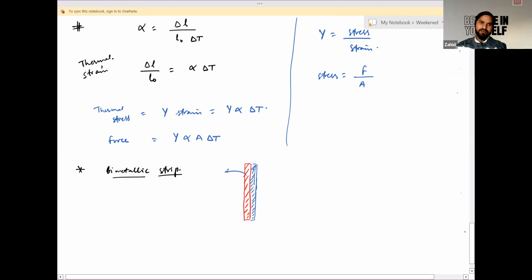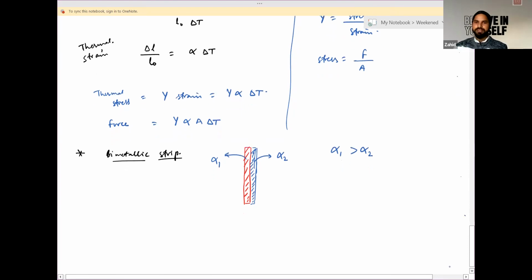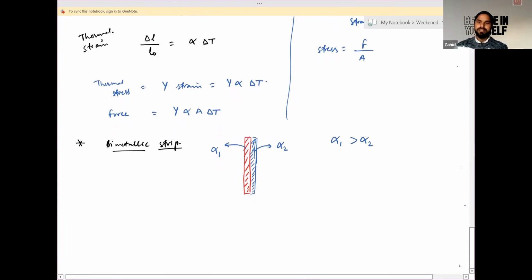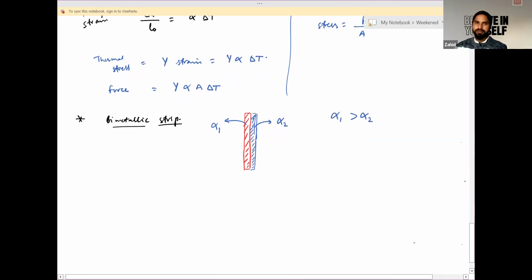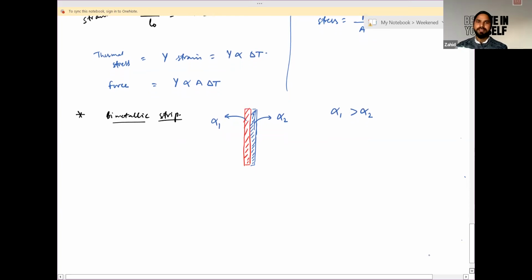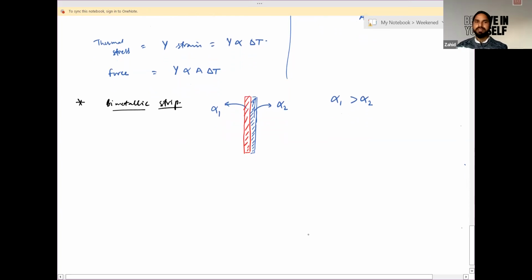Let's say alpha of this one is alpha 1 and alpha of this one is alpha 2, with alpha 1 greater than alpha 2. You will be asked, if you raise the temperature of this system, how will the shape of this bimetallic strip change? Whether it will remain straight or it may curve.